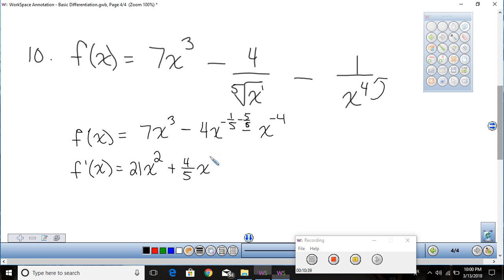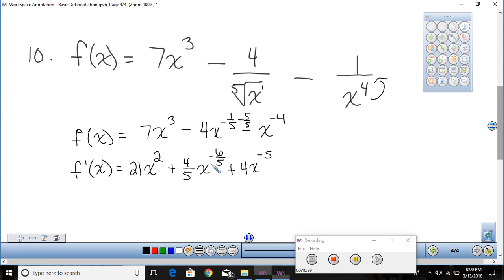So I get negative 6/5. Then I've got negative 4 times negative 1 is positive 4 x to the negative 5th. You got to be really careful because sometimes, when you subtract one, you want to think that it's supposed to be like a negative 3, but it's really negative 5.